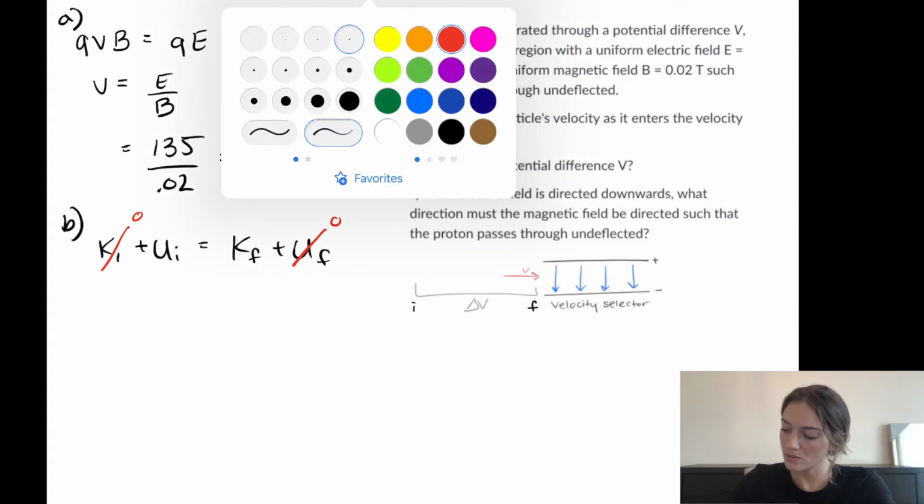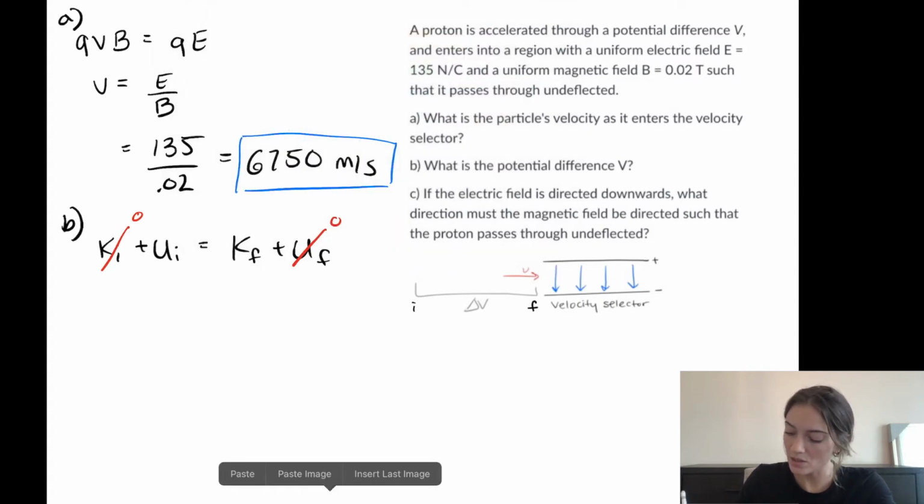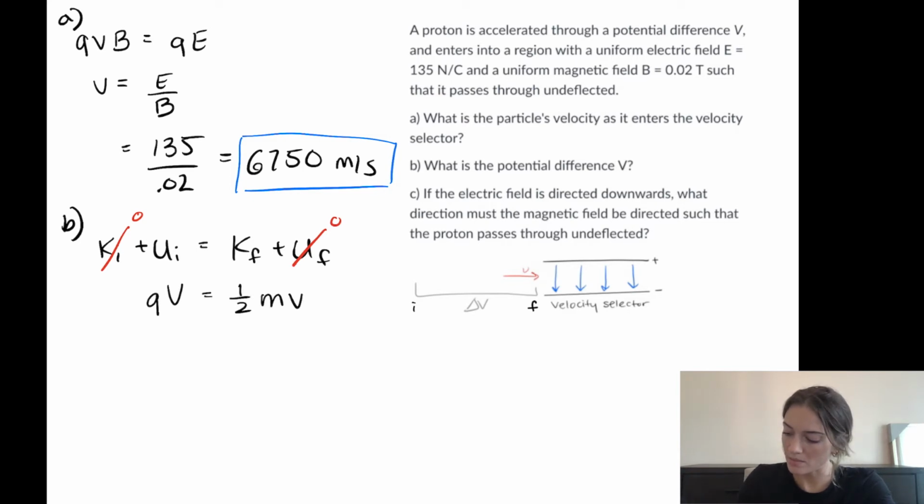So we have the initial potential is Q times V, and then 1/2 mv squared. We have 2 V's, so just be careful. This V is a capital V, the potential difference, and the other is the final velocity. I should have written delta V up here.